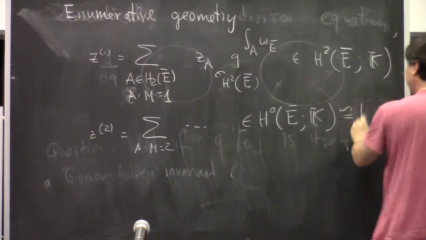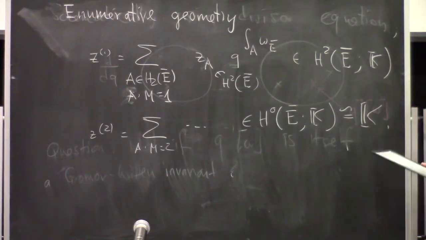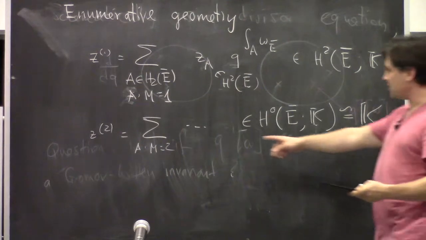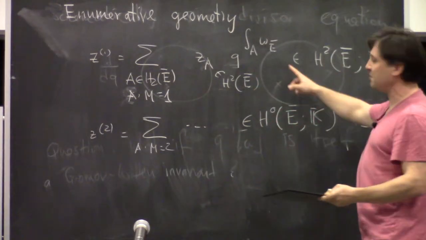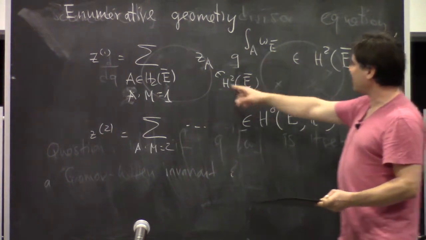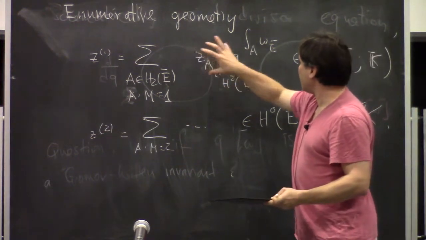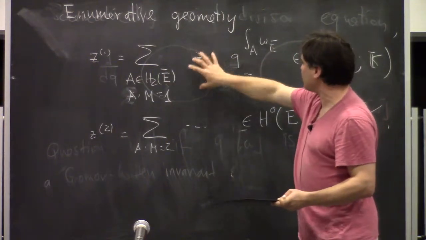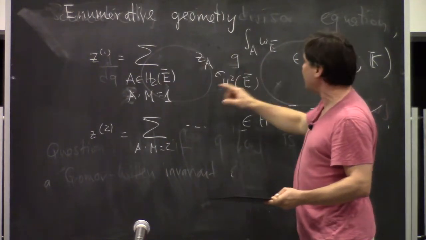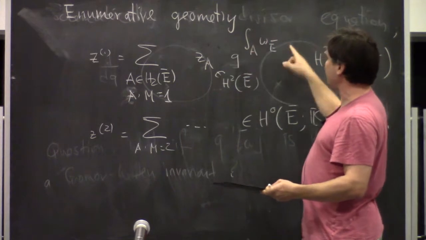So this is just a single function. Okay? And in fact, this is the function here. You just take some H upper 2 class with rational coefficients that are associated to this class A, called Z sub A, and then you sum them up with Q to the usual integral.